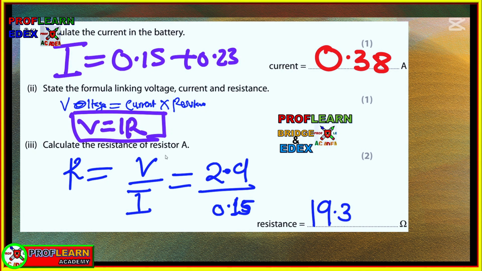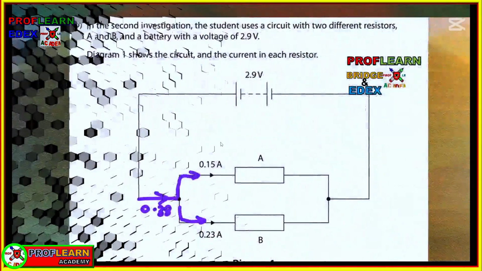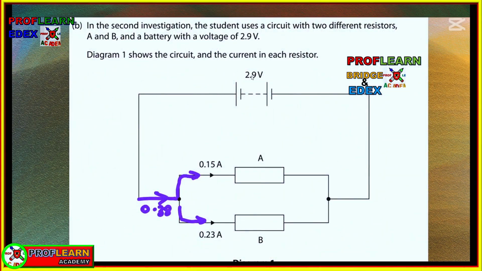To calculate resistance in A, we need to remember that the voltage in A is the same as 2.9. The voltage in B will be the same 2.9 because these components are connected in parallel. Then use the formula.